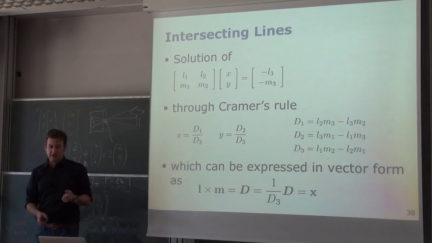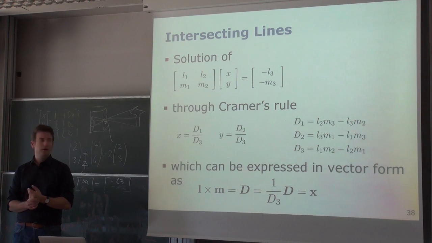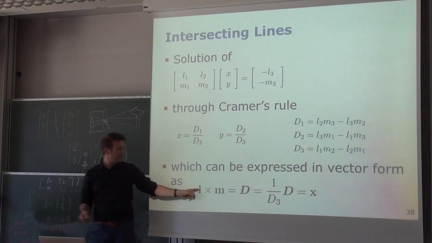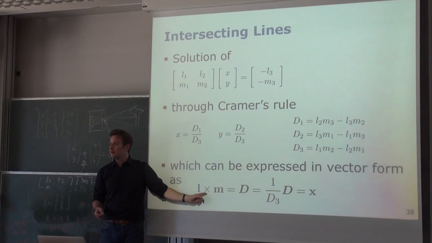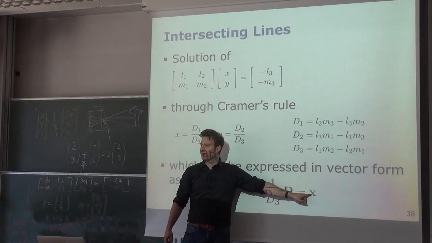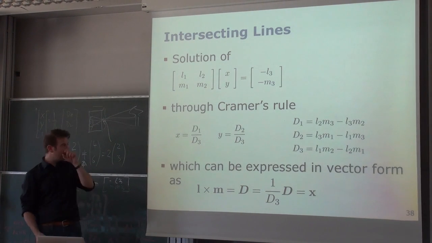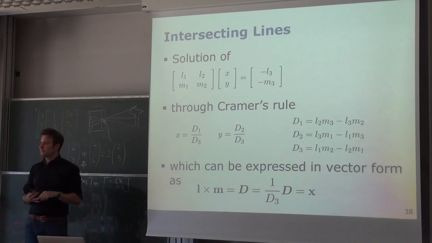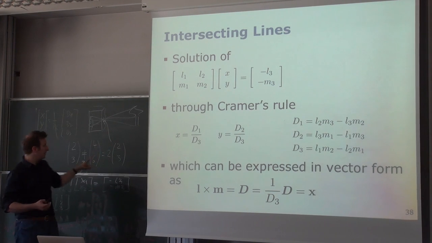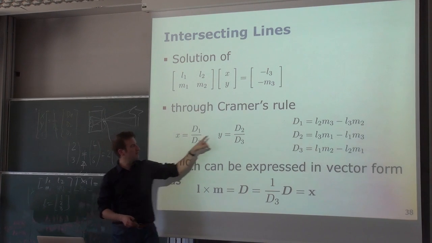So the interesting thing is, if I want to compute the intersection of two lines, l and m, that basically boils down to computing the cross product of the two lines, and this gives me directly the intersecting point. Just by applying Cramer's rule, not on the numbers but with the variables in here, I can make this transformation.